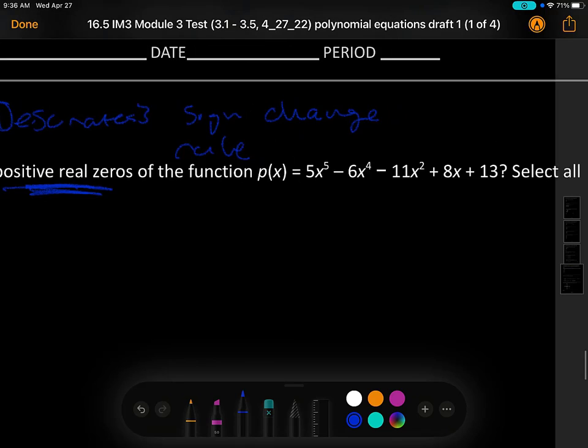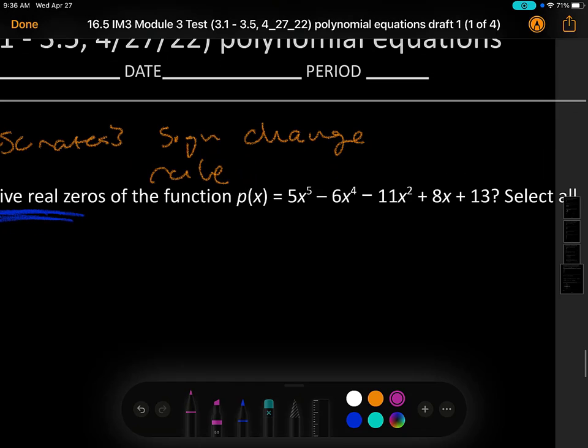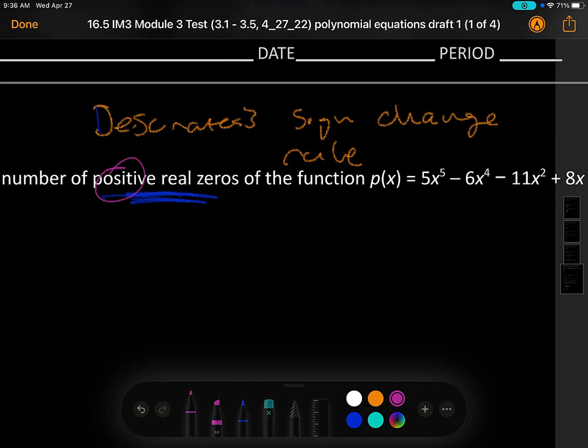What that just basically means, if you want to test for positives, go ahead and sub in x equals a positive x.